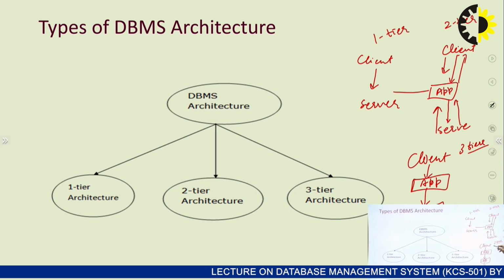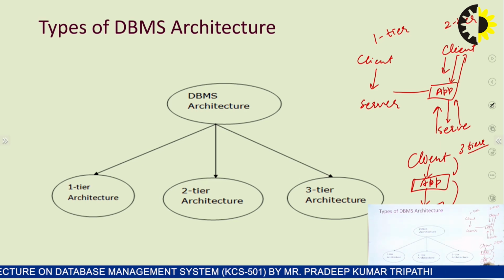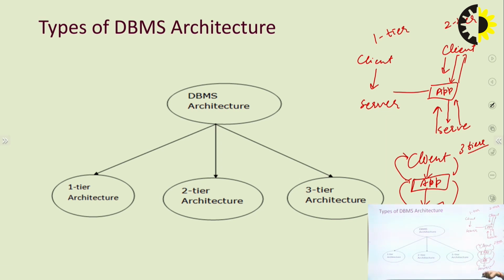In 3 tier architecture, the client sends a request to the interface, the interface sends it to the interface of the server, and then the server takes the request. After the server replies to the interface, the interface goes to the application, and then the application goes to the client. So these are the basic architectures that we follow in DBMS architecture.